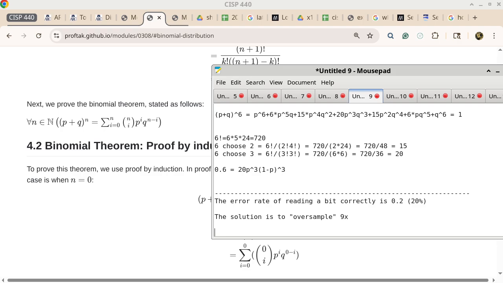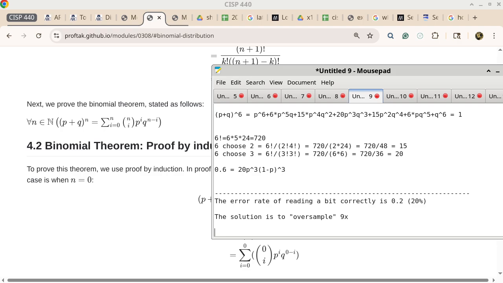So I want to fix this by oversampling. In other words, I'm reading the same bit over and over, 9 times. Out of the 9 times, if there are more ones than zeros, I count it as a one. If there are more zeros than ones, I count it as a zero. But we don't even need to know about the one versus the zero.